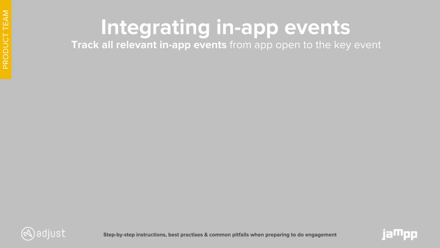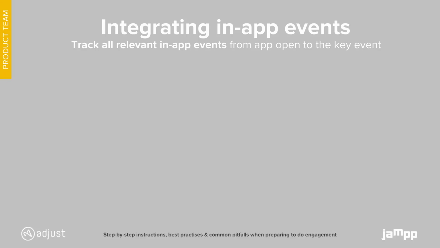It also implies that you're tracking all additional information about each event, called event metadata. Now, the word metadata basically means a value or parameter that is added to the postback URL. For instance, you may have a content view event in your app, and you can append content ID as metadata, which tells Jampp the exact content that has been viewed.